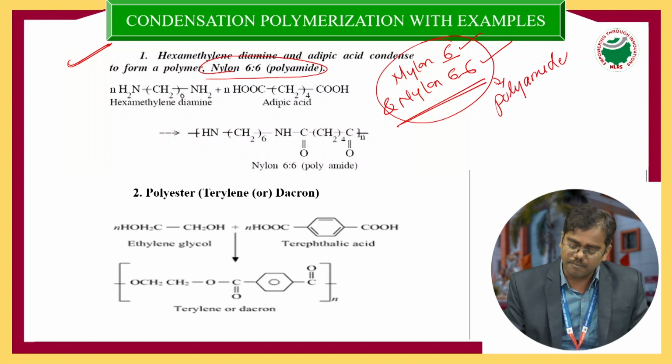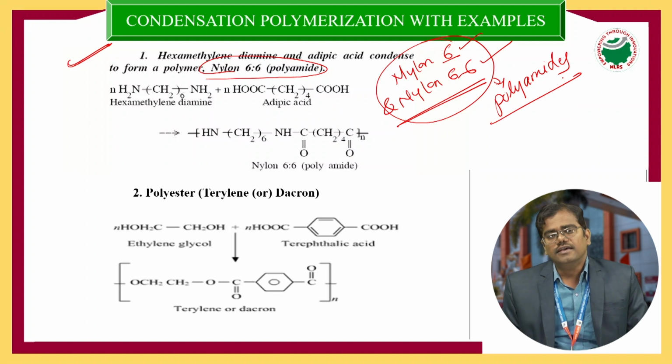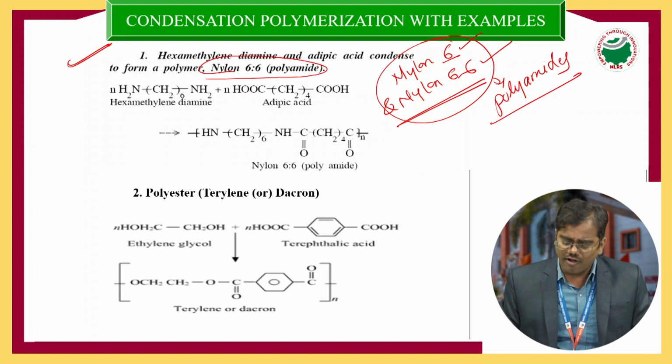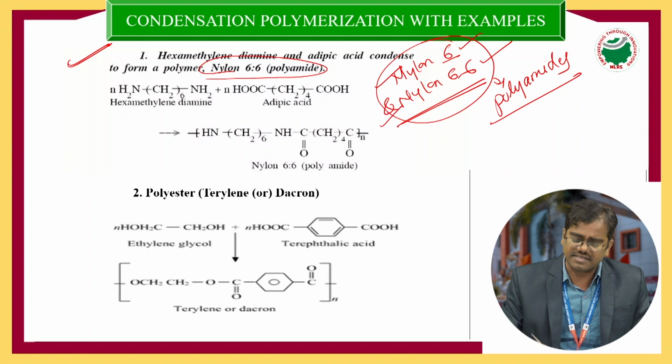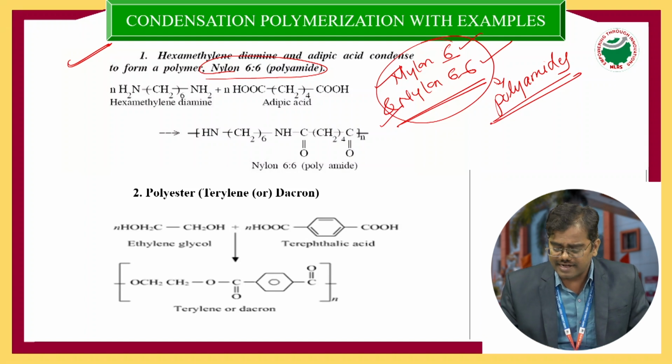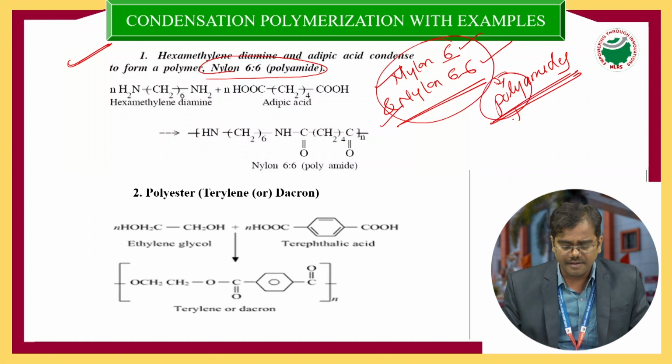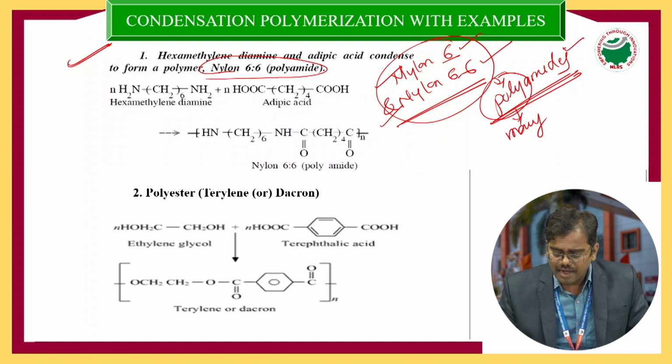Next point is polyamides. My dear students, why are nylon 6 and nylon 6,6 called polyamides? Poly means, as you know, many. And what is meant by amide? Amide is nothing but the amide group, that is NHC=O group.